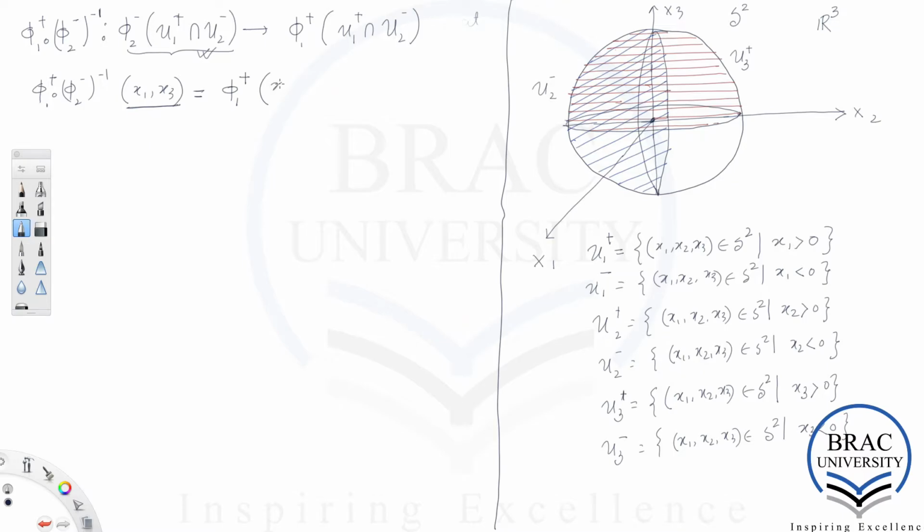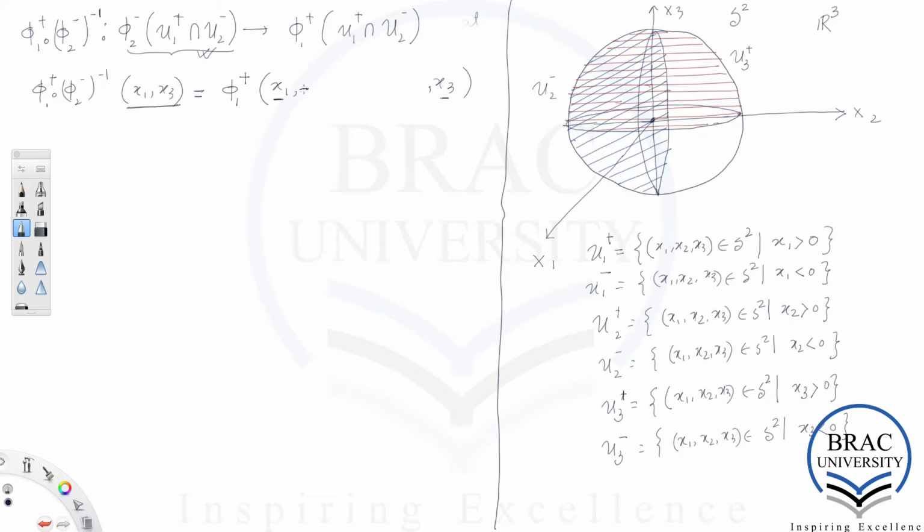So x1 comma x3, x1 is going to be the first coordinate, x3 is going to be the last coordinate, and the second coordinate of this ordered triple is going to be a negative quantity because it's going to be in u2 minus, right?